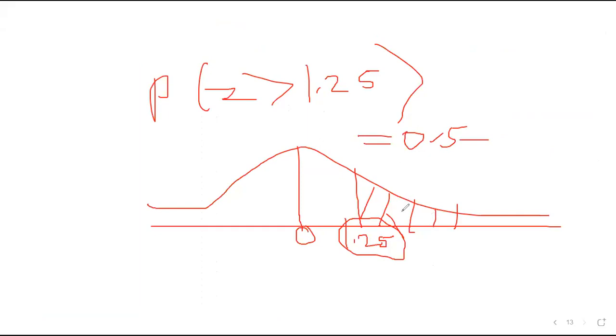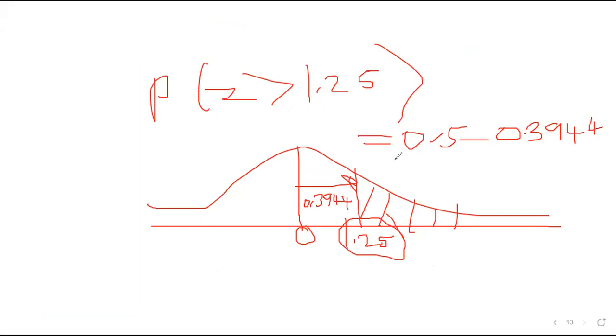Okay, 0.3944. So the probability from here to here is 0.3944. So it's 0.5 minus that.